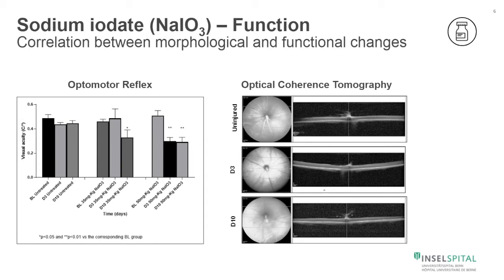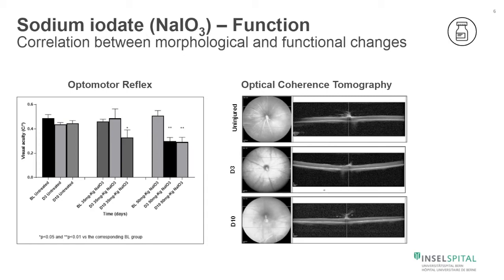With 35 milligram, you see a significant decrease, for instance, after 10 days. With 50 milligram sodium iodate, you see the significant decrease of visual acuity already after 3 days. And it is stronger than the diminished visual acuity with 35 milligram.